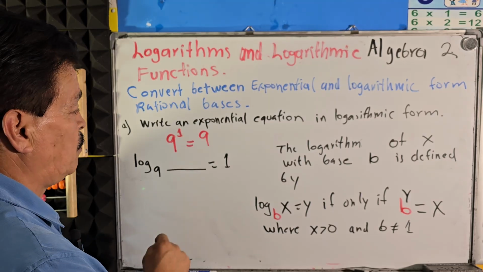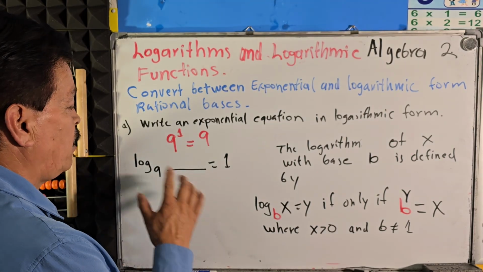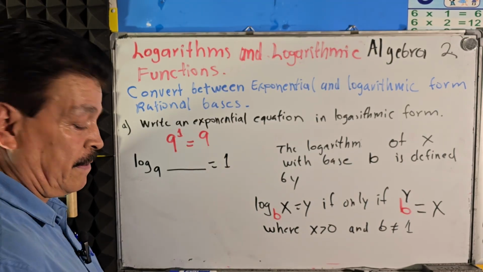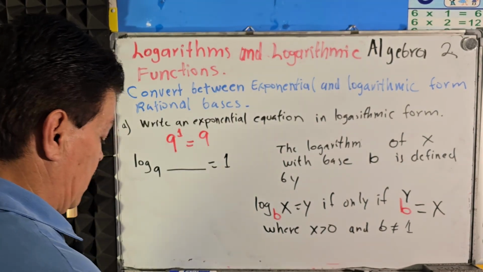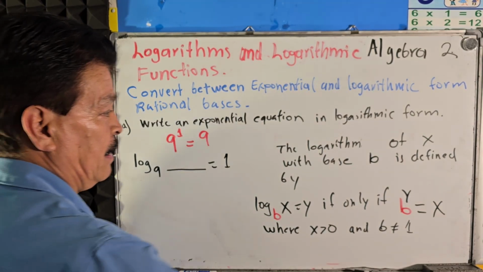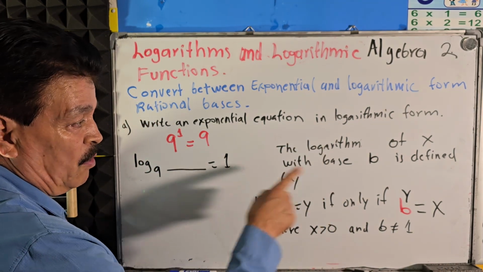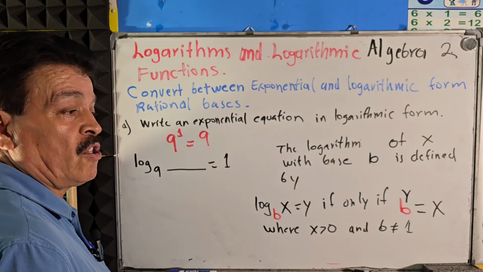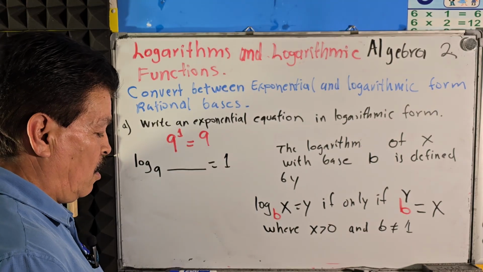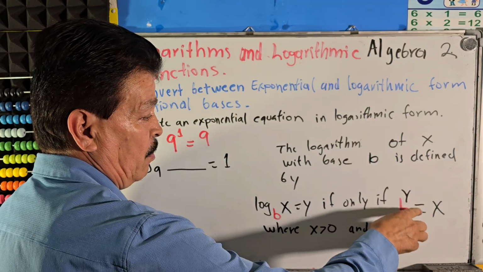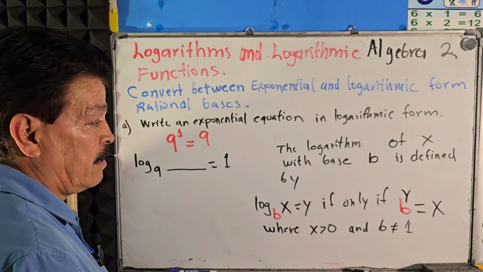We have 9 to the first power equals 9. Log base 9 of 9, so what is the number here? Equals 1. Let me erase. This is the main idea: an exponential equation is of the form b to the y power equals x.